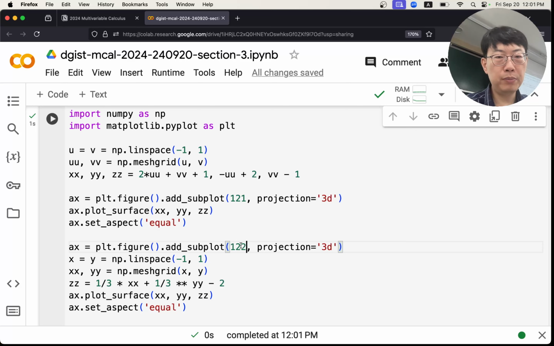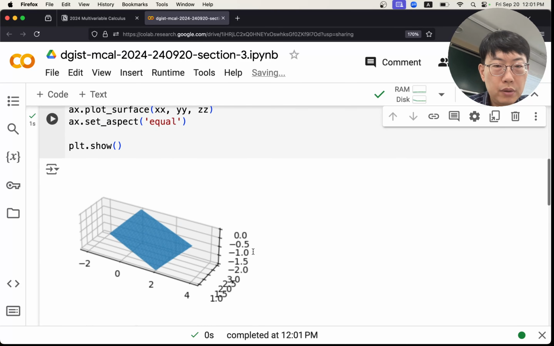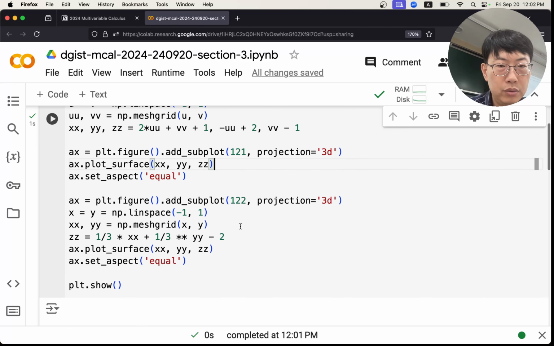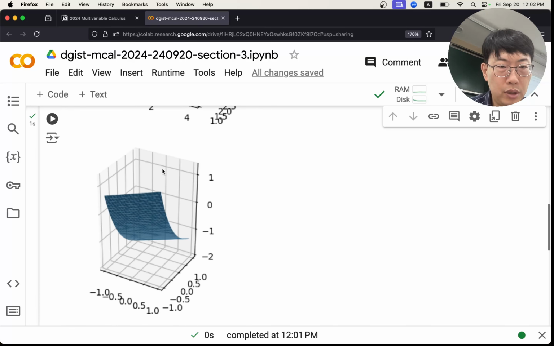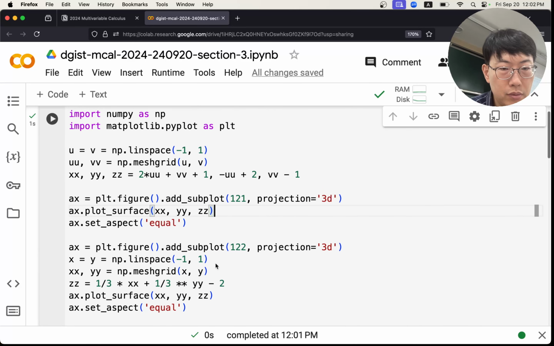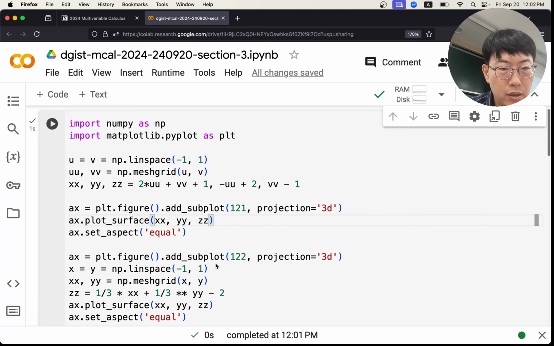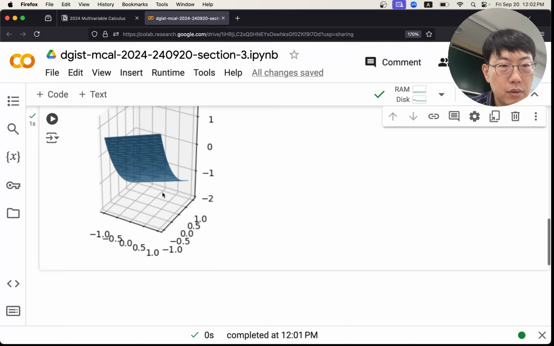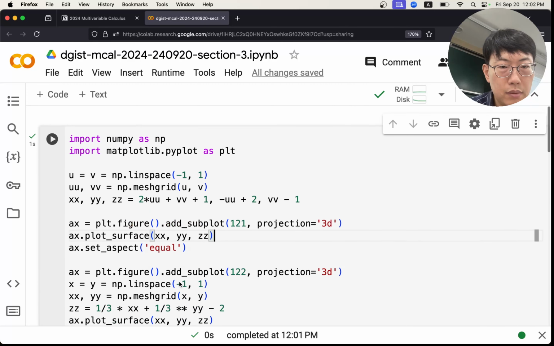The last number is the index of the figure that you're looking at. So sorry, it has to be 1-2. That's right, 1-2. Why does it look like this one? Oh, wait.